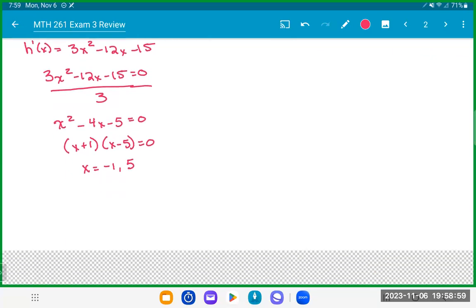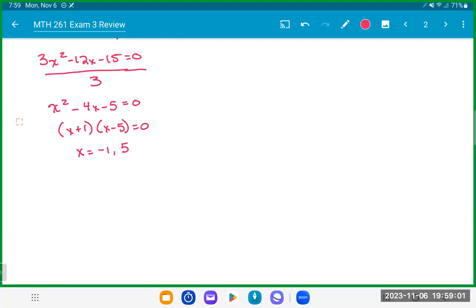So we want to evaluate our function at those critical values. So our function would be (-1) cubed minus 6 times (-1) squared minus 15 times (-1) plus 1. And that will give us a value of 9.